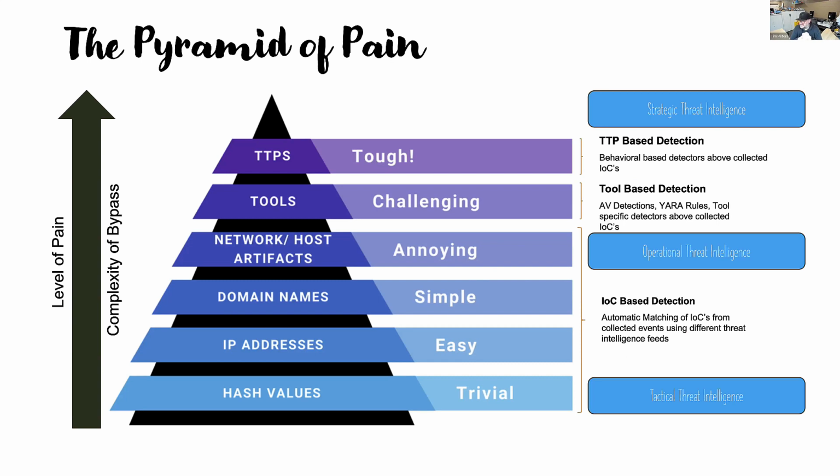And it's broken down there on the right-hand side. I've listed the different types of threat intelligence. There's tactical threat intelligence, operational threat intelligence, and strategic threat intelligence. When you look at this, from a tactical perspective, you're really looking at the hash values, IP addresses, and domain names. They're the tactical.